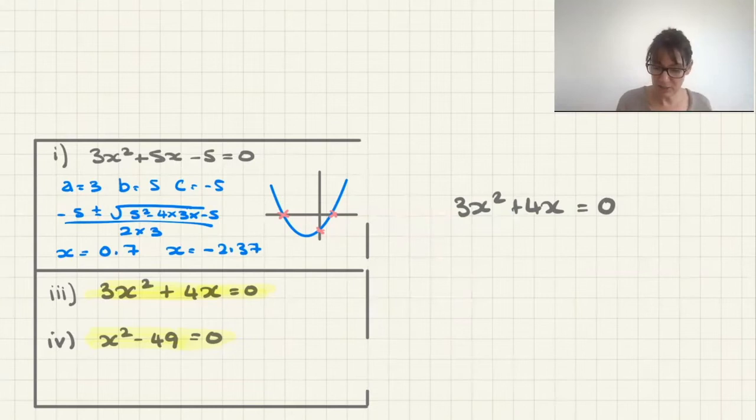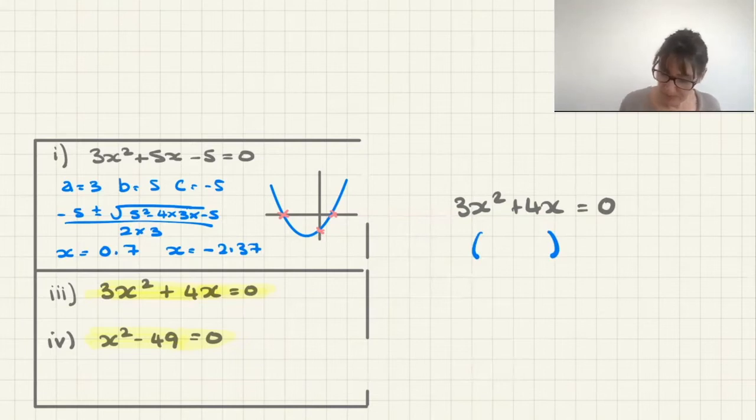So when I'm looking at this question, I'm going, okay, I'm looking at a quadratic. Great. It equals 0. Perfect. That means I'm at a stage where I can use a method. I'm going to look at factorizing this. I've got two terms, which means I've got one bracket. That's the general rule, okay?